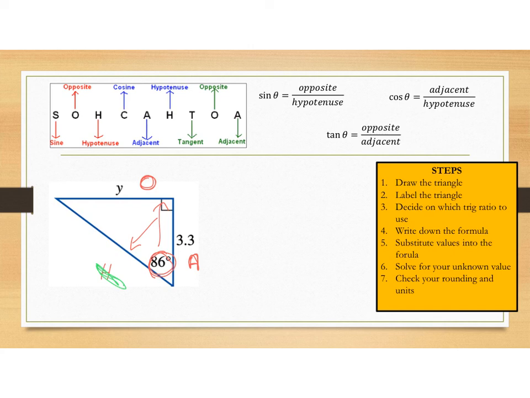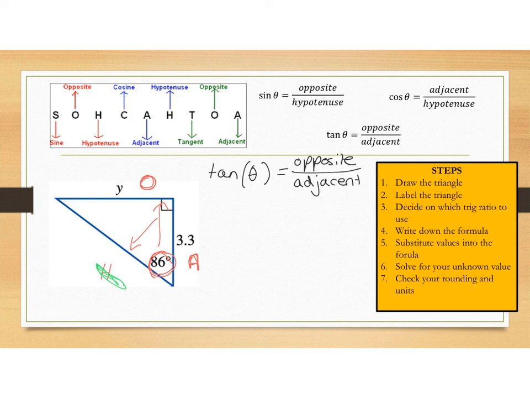So I'm going to write down that tan formula. Tan of theta equals opposite over adjacent. And then I'm going to substitute in what I know. And in this case, I also have a value for my angle. So that angle is going to go in here in place of theta.